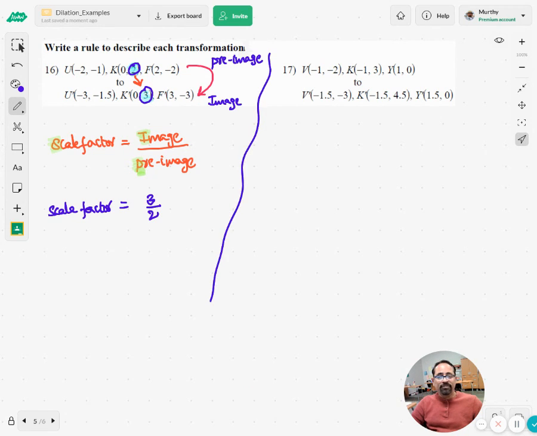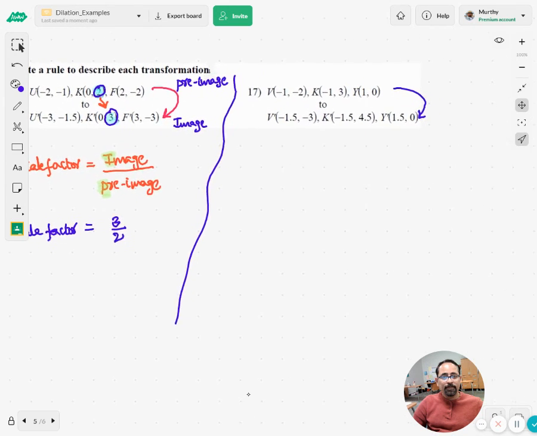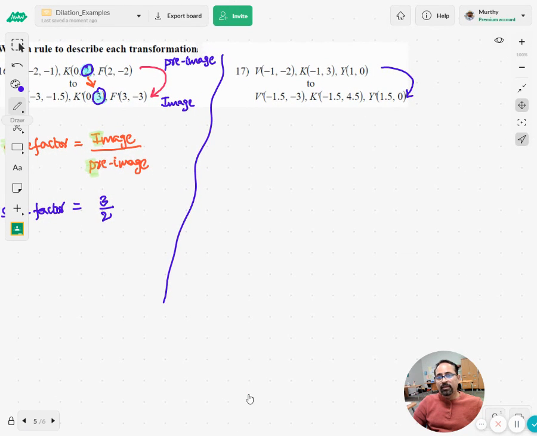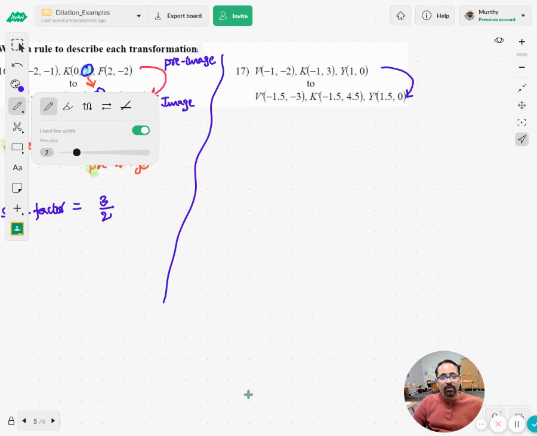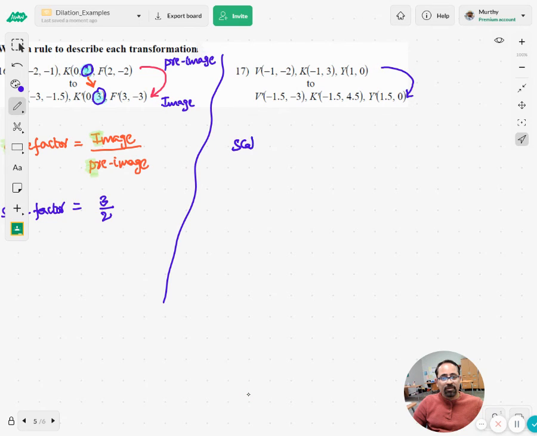Let me take one more example. So here you are asked to write a rule. Then let me take a scale factor. Remember SIP. So image over pre-image.